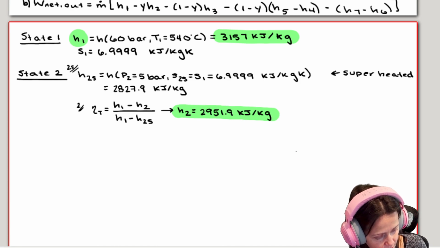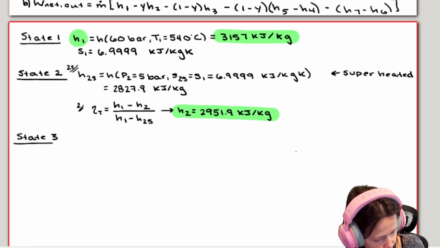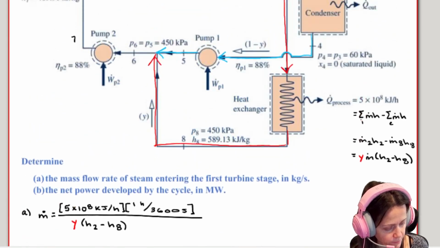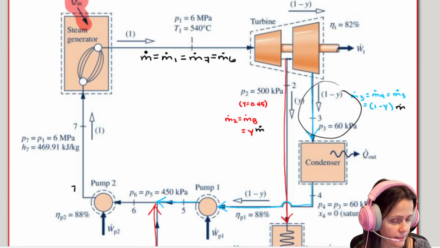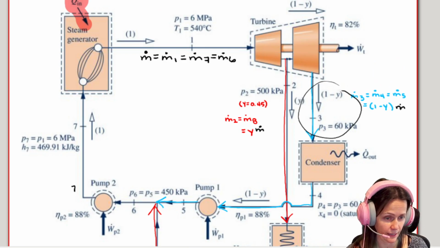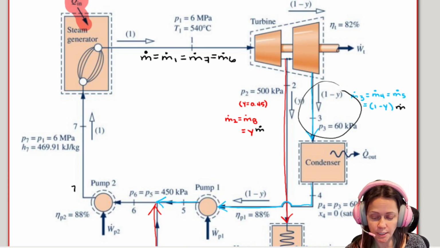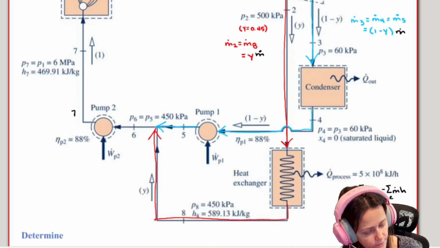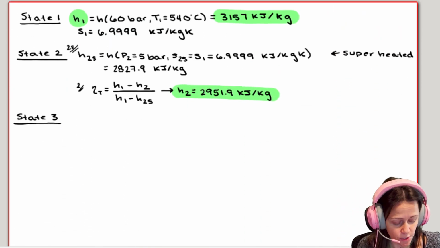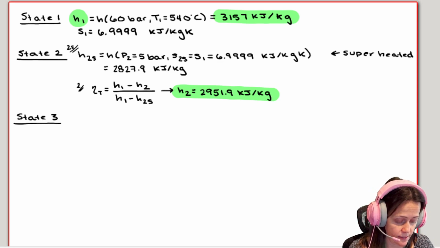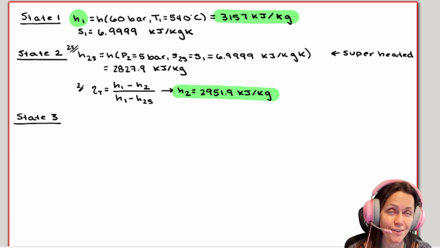And now I need state 3. So state 3 is over here at the outlet of the second stage. And so what I'm going to need to do is, I know ideally S2S or S3S and S2 would be the same.